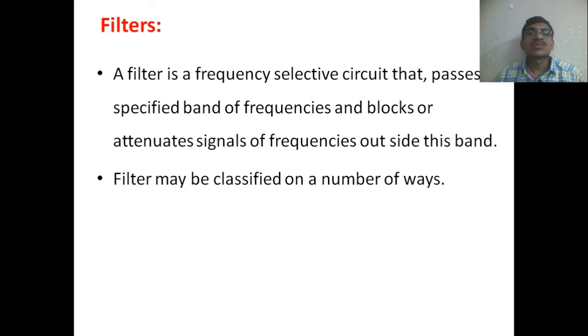So why do we use a filter? In order to pass some specific frequencies, we use filters. Suppose in a radio or TV, we have to see only one particular channel, and in the coaxial cable we may get different channels. These different channels are arranged at different frequency levels, but our TV should show only one particular channel.